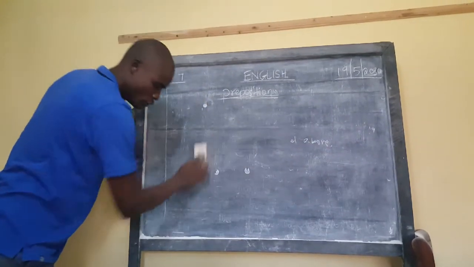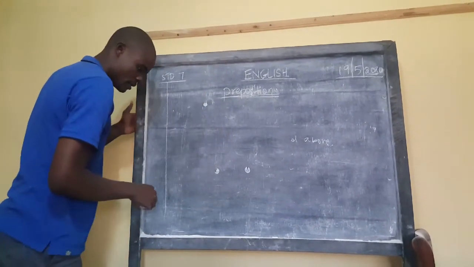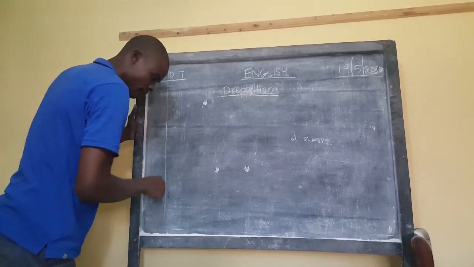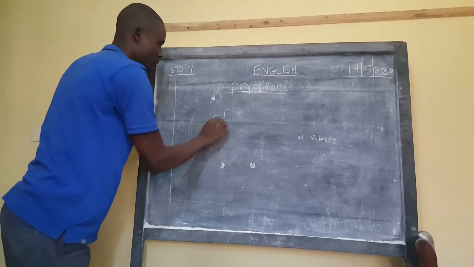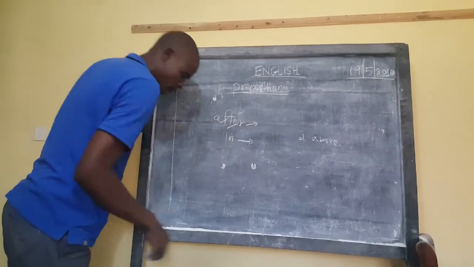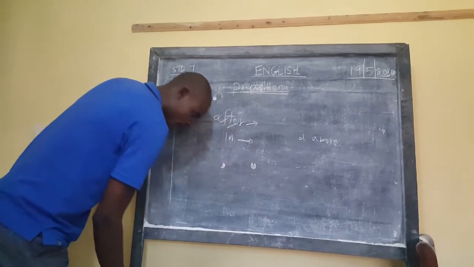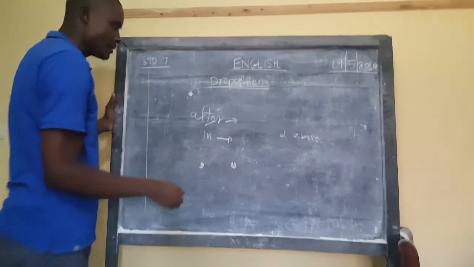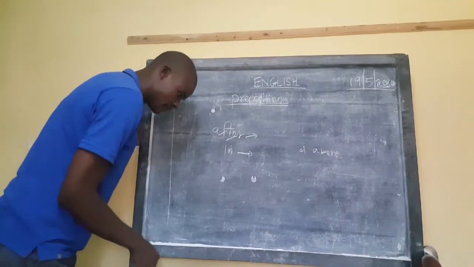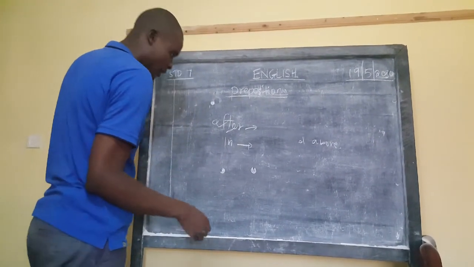Our next thing is going to be after and in. After shows the past tense, and in shows the future.